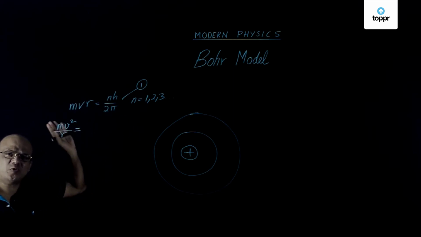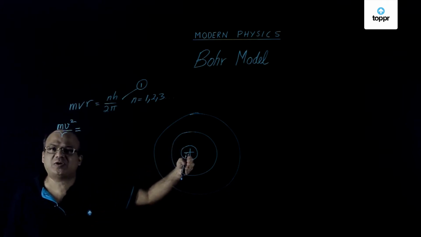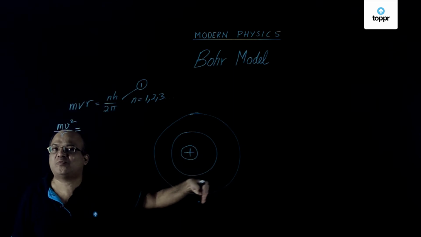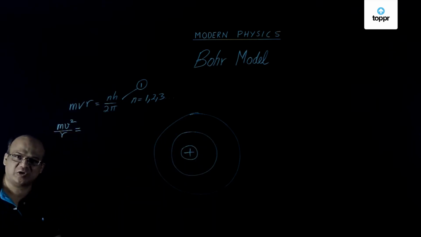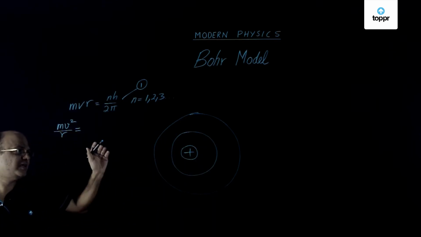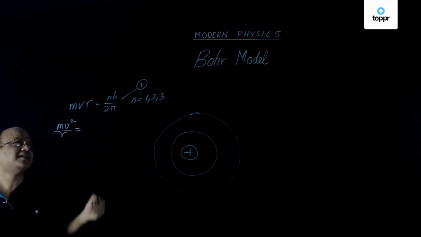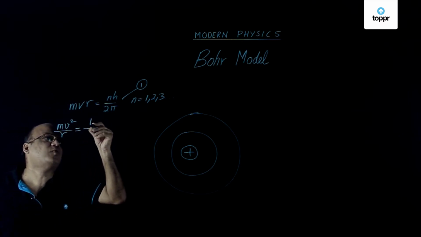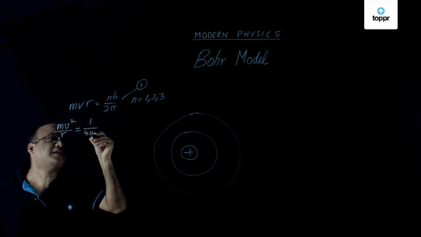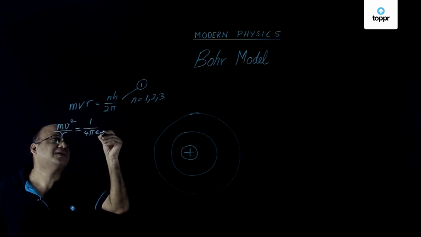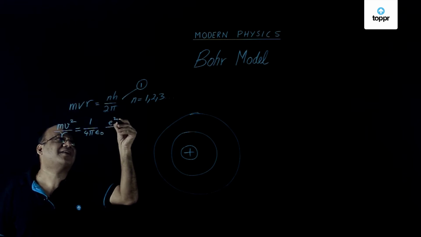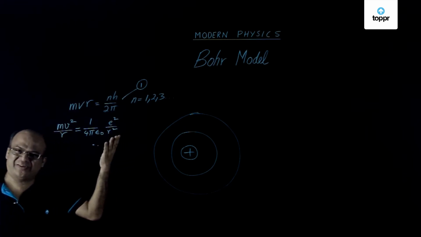Right now we are talking only about hydrogen. Hydrogen has one proton in the nucleus, one electron going around that nucleus. So, charges are e and e, one plus, the other minus. So, we can write this equal to 1 by 4 pi epsilon naught e square by r square, Coulomb's law.